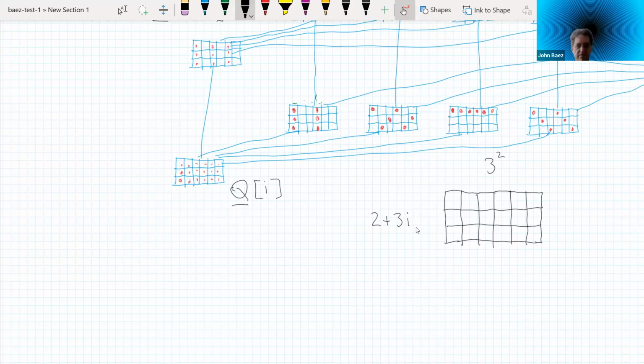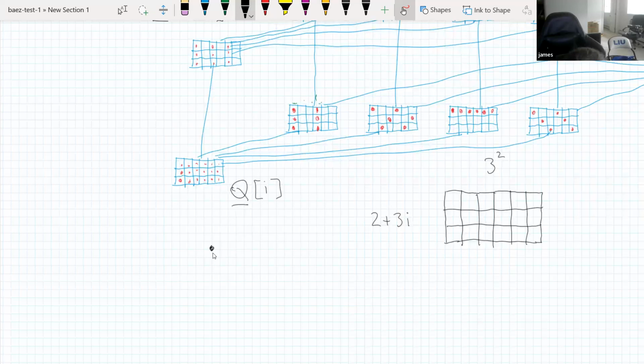So let's try to draw a little picture of this. What is 2 plus 3i up there? Am I doing this right? It's like a little square there.